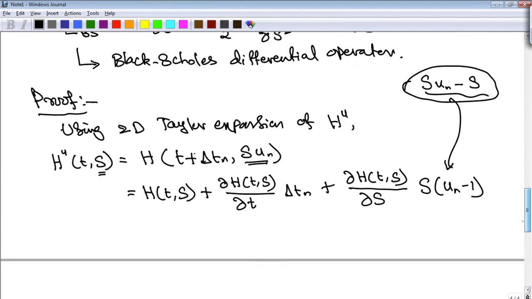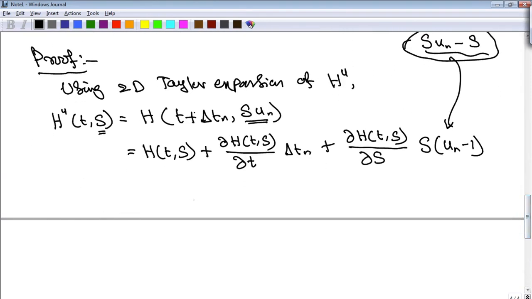And now the second order terms we have to write in each variable, and then the mixed derivative also you should write. So this is 1/2 ∂²h/∂s² times s²(u_n − 1)² plus 1/2 ∂²h/∂t² times Δt_n² will come.